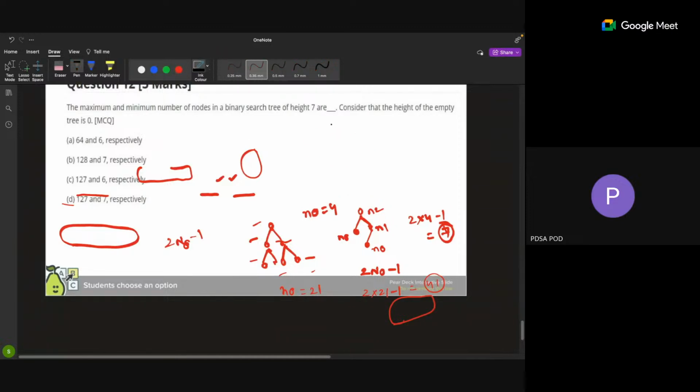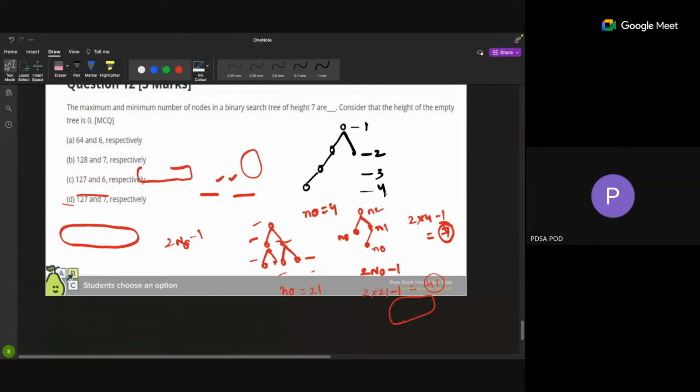If at least one root is there, the height is considered as 1. When it is going to the next level, the height is increased. So the height is going to be 2, then 3.